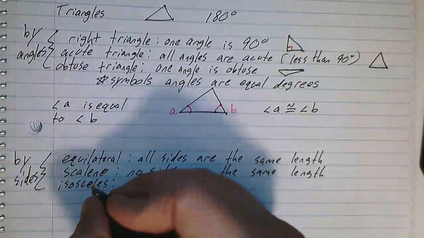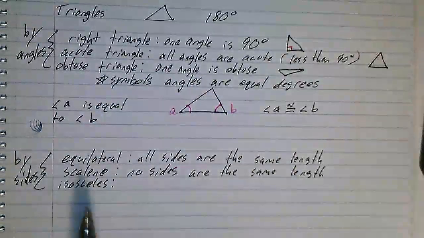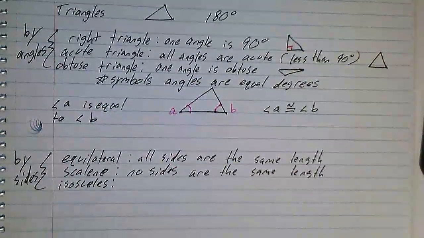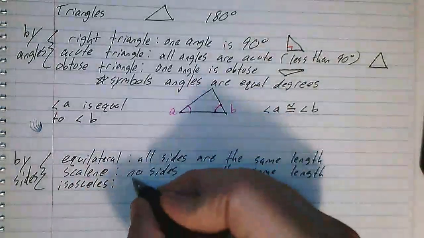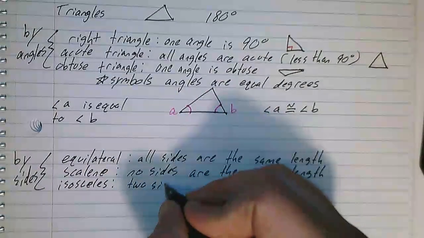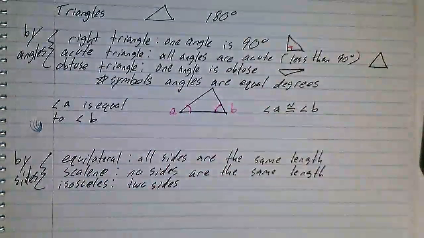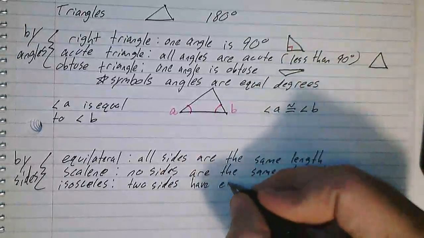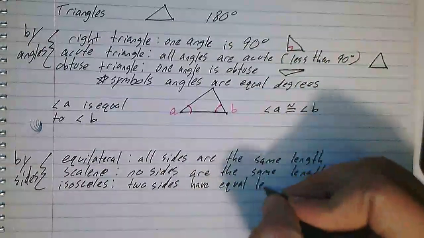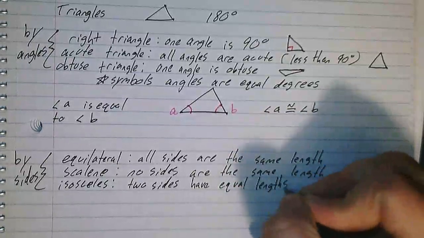It's probably hard to discern E's from C's here. That's a C after the S. Isosceles, in which two sides have equal lengths or are congruent.